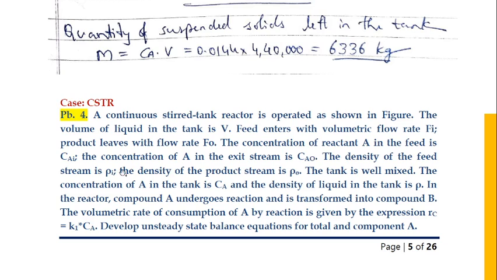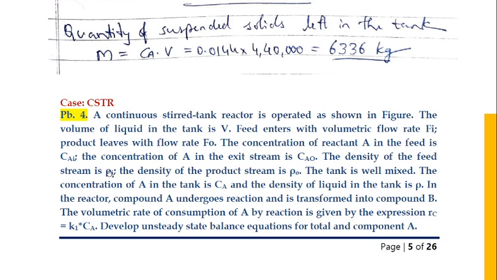The density of the feed stream is rho i and the density of the product stream is rho naught. Let us define the input and output densities of the streams as rho i and rho naught. The difference between the density and the concentration is that the density here refers to the concentration in kg per meter cube of the whole stream, the complete stream.